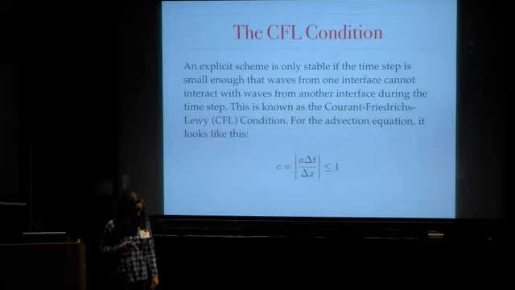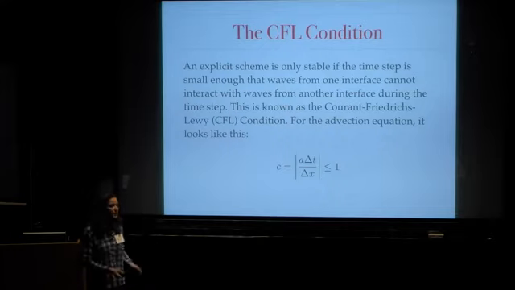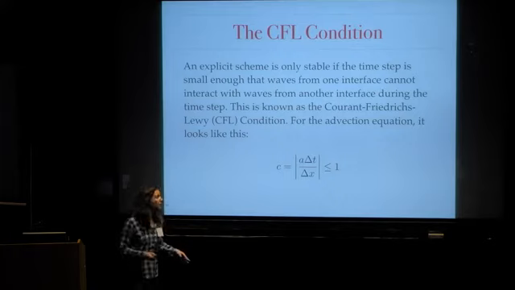Okay, one other note. I think most of you said that you are already familiar with the CFL condition, but just in case, it's worth mentioning that these explicit schemes are only going to be stable in time if you satisfy this criterion.